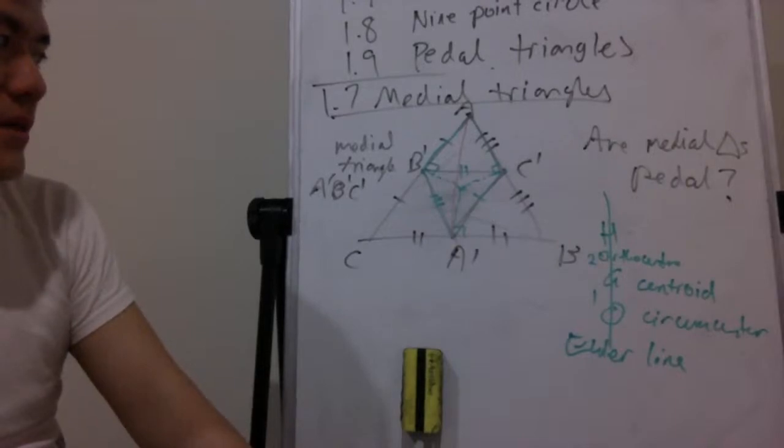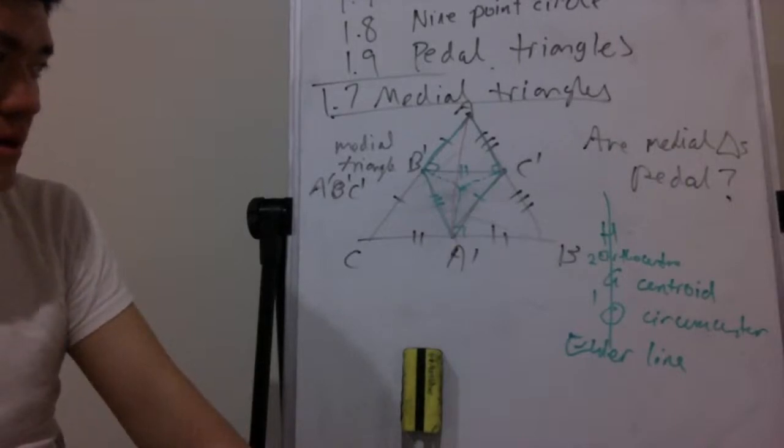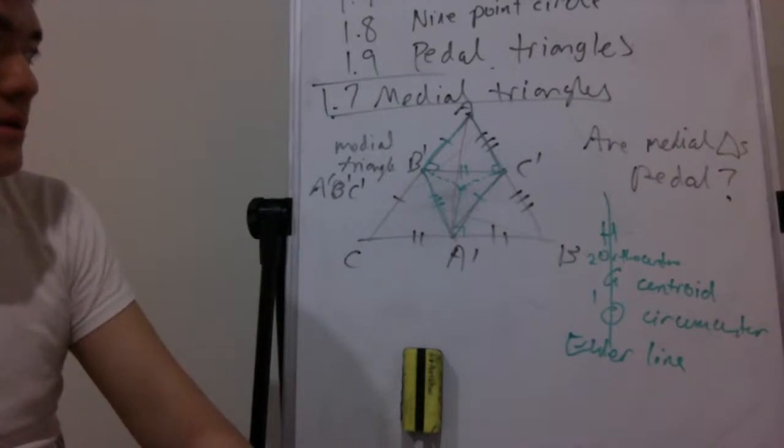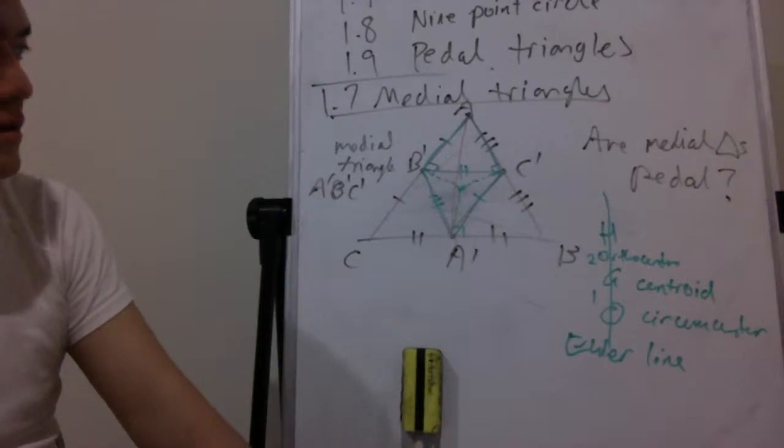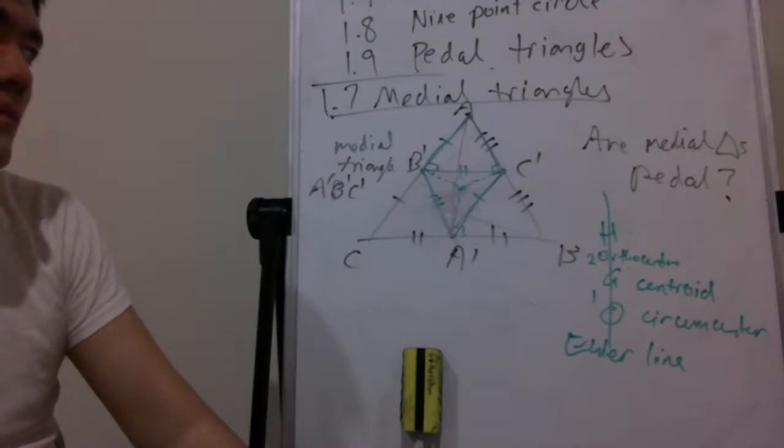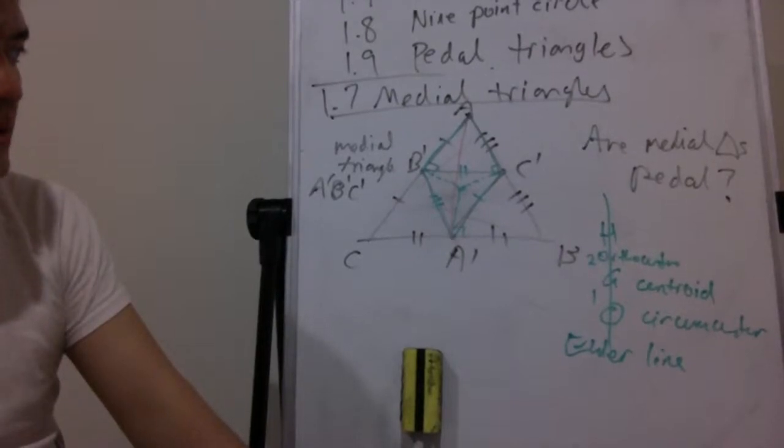So A to A prime is a median, right? And it bisects B prime C prime. Is that obvious? Yeah, it does, because the parallelogram has diagonals that bisect each other, right?